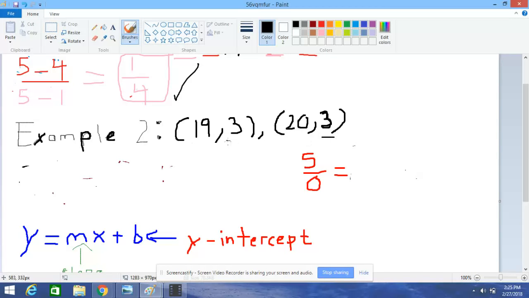We're going to do y2 minus y1, which is 3 minus 3, over x2 minus x1, which is 20 minus 19. So that's a slope of 0 over 1, and a slope of 0 over 1 is just 0.